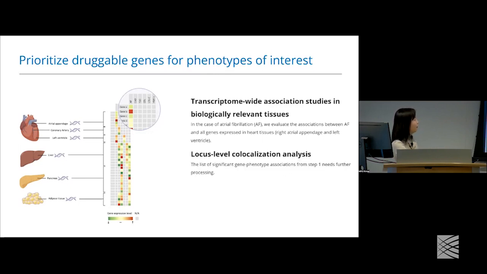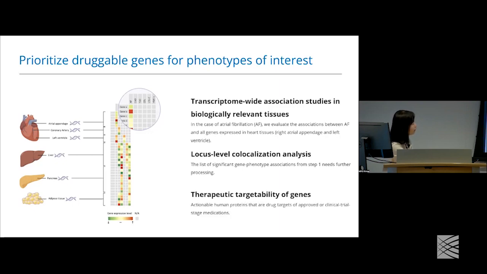Then we will have a list of significant TWAS signals, and we process this list of associations using a co-localization analysis. I will go into more detail about why we need this additional step in a later slide.